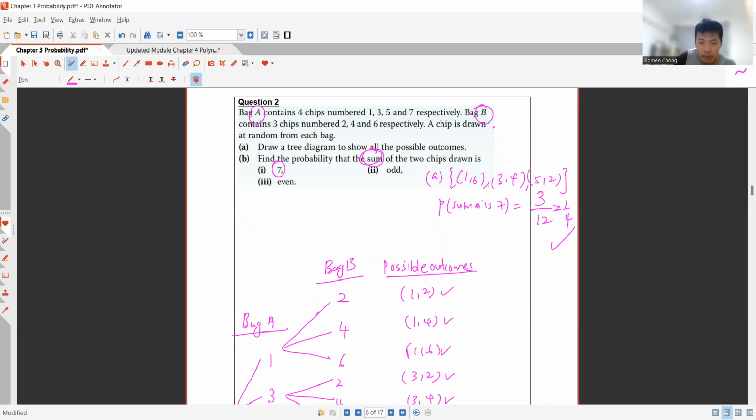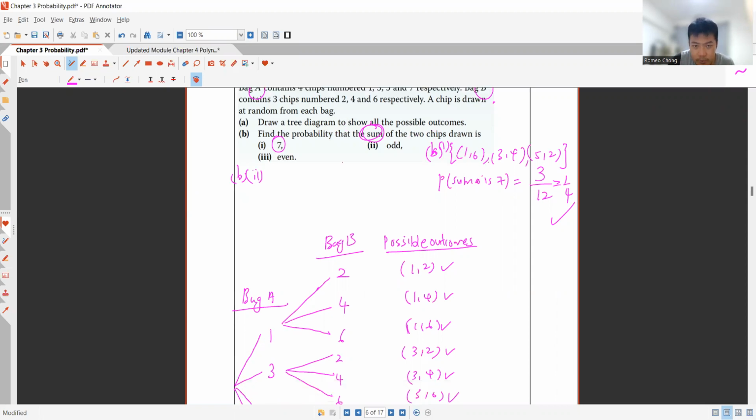Okay. Then after that, B also. Let's look at B. Sorry, this is B1. Let's look at B2. You want the sum to be an odd number. Okay, let's see. I think this is quite a lot. The first one, 1, 2, yes, of course, because it's 3. And then 1, 4, yes, you will get 5.